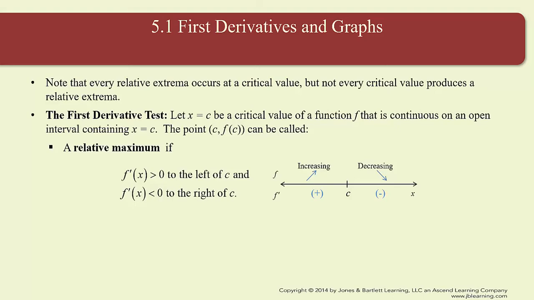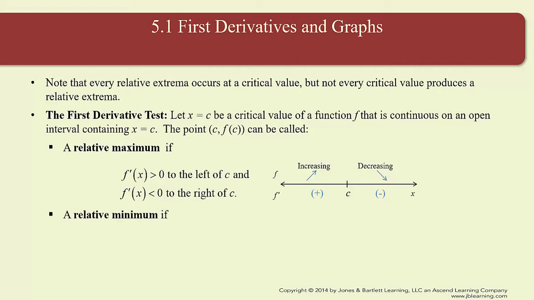And just by looking at the sign diagram and the arrows showing where the function is increasing and decreasing, it visually tells you that if you're increasing, you're going up, and then you hit x equals c and you start to decrease, you're heading down, that you've obviously hit a high point, a relative maximum.